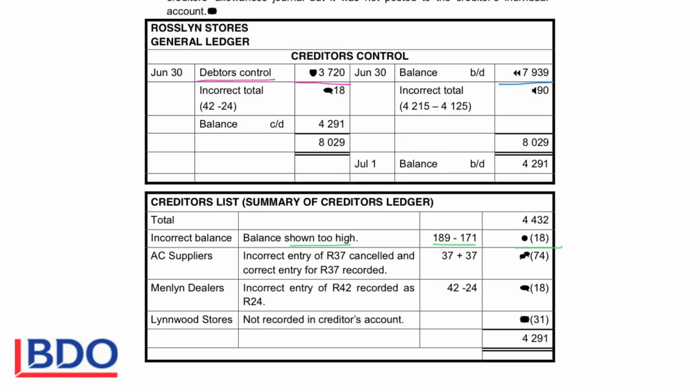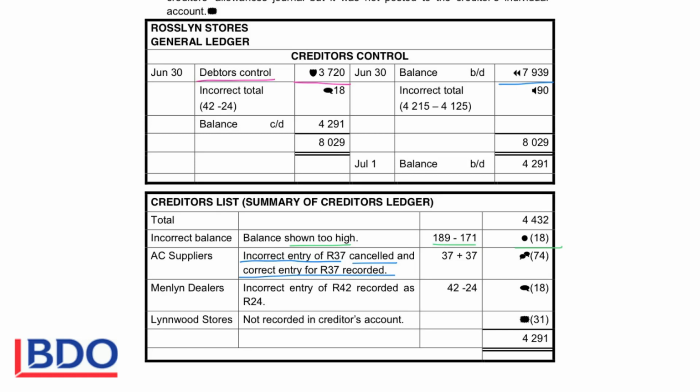To correct this in the list, we will have to show that the account must be debited. So the incorrect entry that we showed on the credit side must be put on the debit side to cancel that incorrect entry.